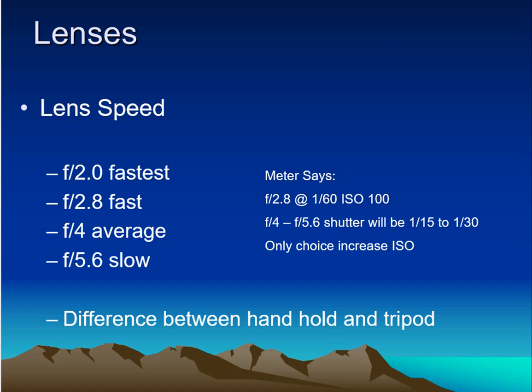You might have too slow of a shutter speed to actually get sharp pictures, so you have to really increase your ISO to bring that shutter speed up. And then of course the higher the ISO, the higher the level of noise in your picture and that sort of thing.